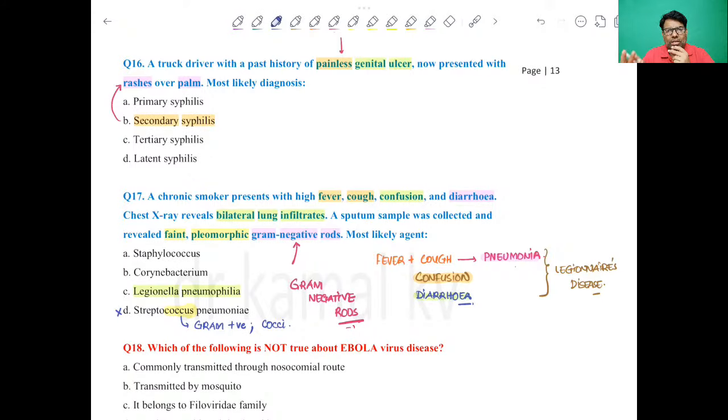Pneumonia, confusion, diarrhea, Legionnaire's disease, gram negative. Therefore, we have to exclude any organism which is gram positive, as in this case Streptococcus. So we exclude Streptococcus, and therefore the answer will come out to be Legionella pneumophila.